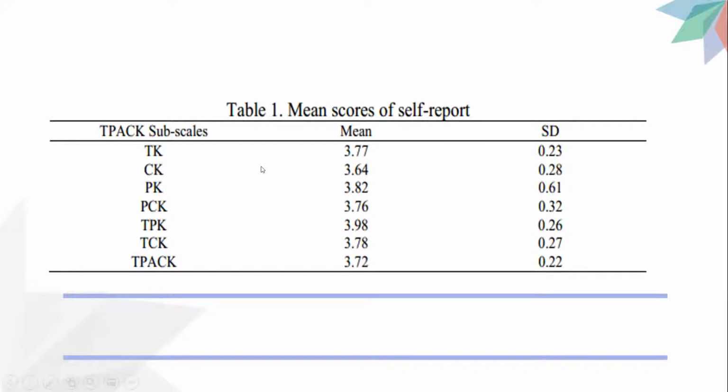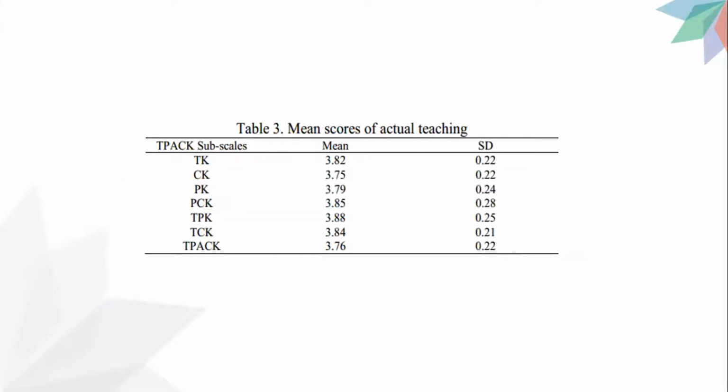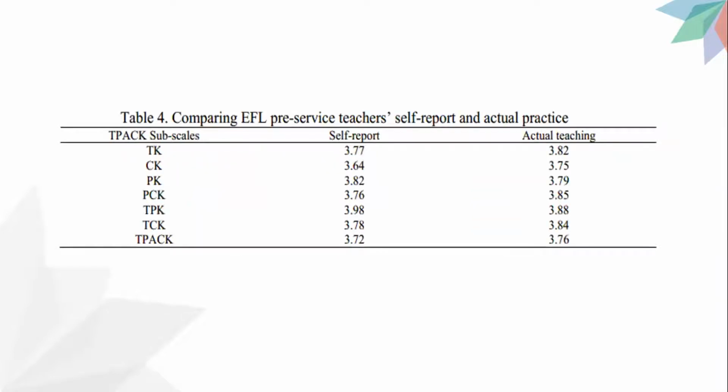And then this one is the mean score of the lesson plan assessment, the result of the lesson plan based on Harris et al.'s rubric of assessment of the lesson plan. And then this is the result of the observation from their teaching. And then when we compare the self-report and their actual teaching based on the assessment, these are the results.